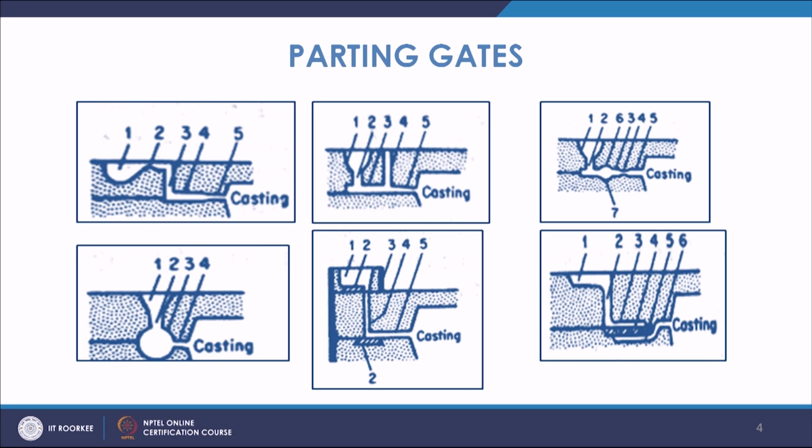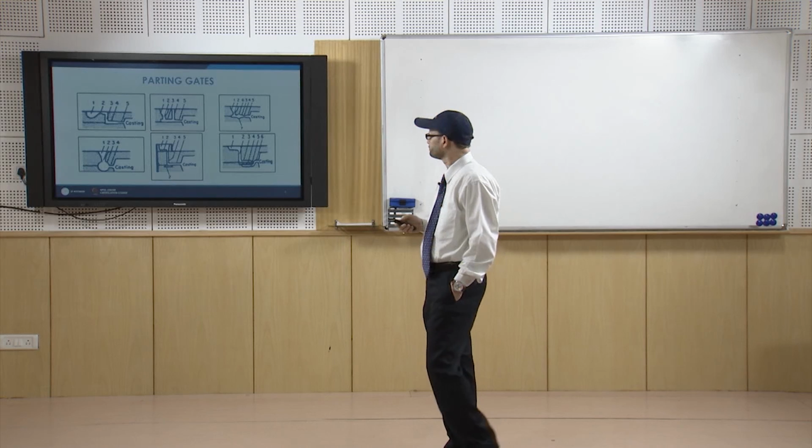If there is lighter impurity, it will get trapped in the cope portion of the skim bob, and if there is a heavier impurity, it will get trapped in the bottom portion of the skim bob. Then you have the choke and further it goes. So, basically we use the skim bobs in this case.